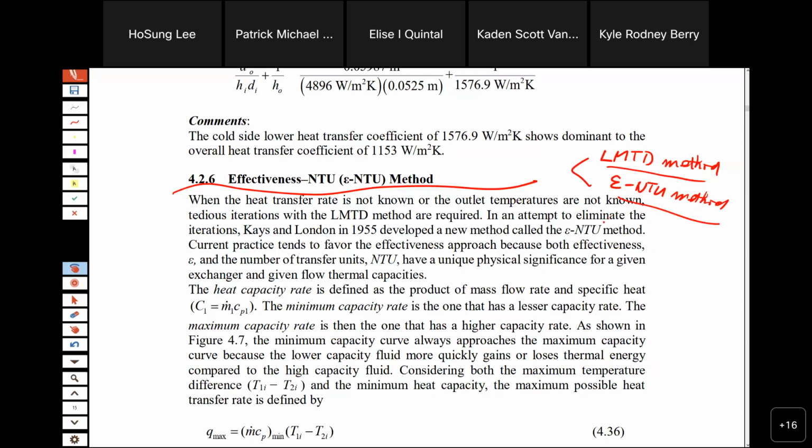And also I prefer, because effectiveness. Why? When we talk about heat exchanger, the LMTD method, no way we can compare the heat exchangers. Even type, we cannot compare until we calculate the heat transfer rate. Sometimes the heat transfer rate depends on the size, not the real performance of the heat exchanger. So the effectiveness method gives us effectiveness, like efficiency, not exactly, but so we can see how good it is.